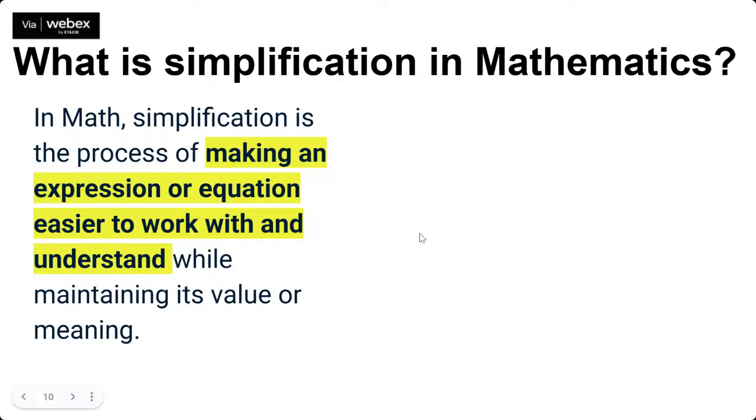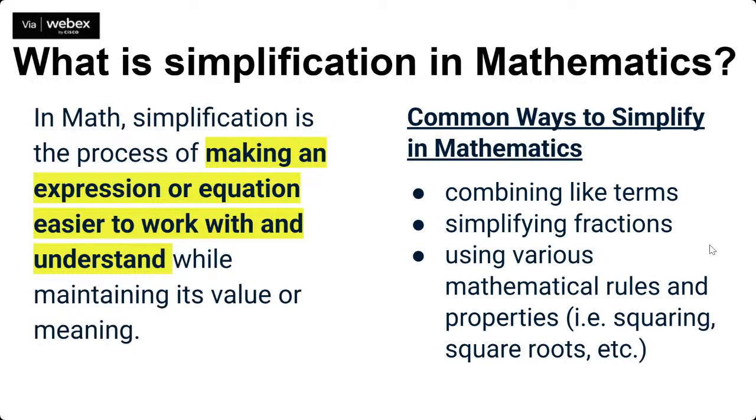Okay, so math simplification is making an expression easier to understand. Remember in the beginning, I told you sometimes they're going to give you questions. They don't want the answer, they want you to make it simple. Okay? Here are some common ways to simplify in mathematics. Combining like terms. Like terms are like families.